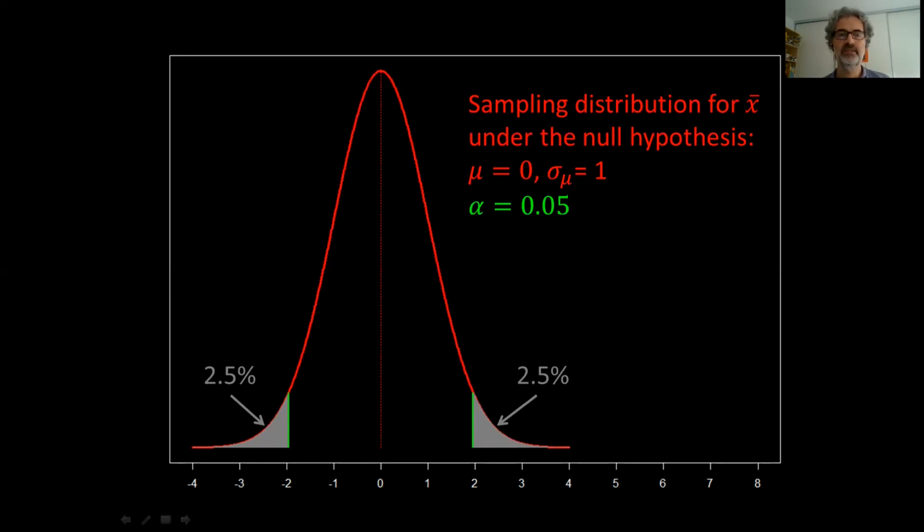So if you're sampling from the null hypothesis, you will be sampling somewhere here 95% of the time, but you will be sampling outside this region 5% of the time. So that's your criterion and also your type 1 error rate. That was if the null hypothesis were true and you were actually sampling from it.